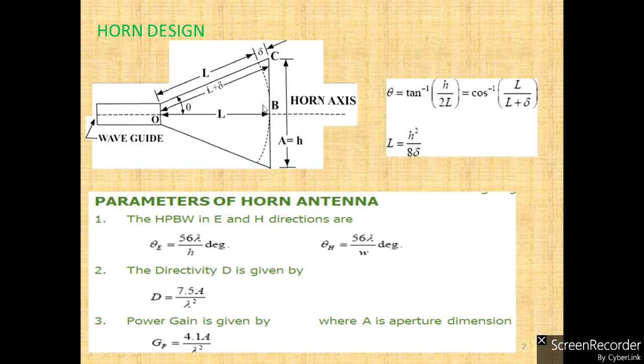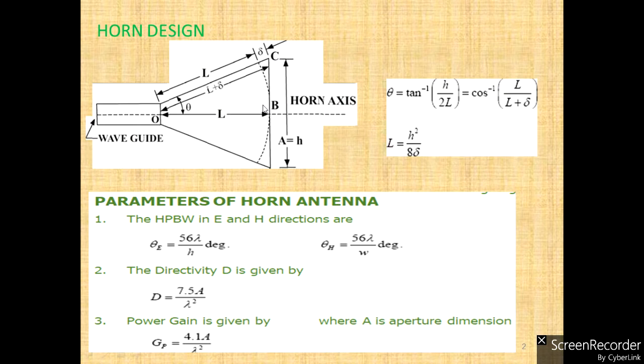We can have these formulas to calculate the half power beam width in terms of the electrical field as 56 lambda by H, and for the magnetic field it is 56 lambda by W degrees.